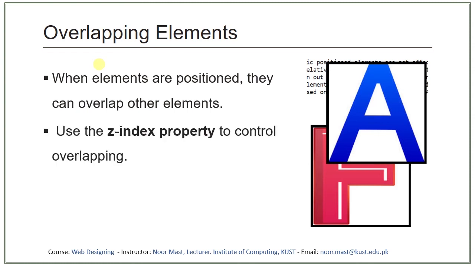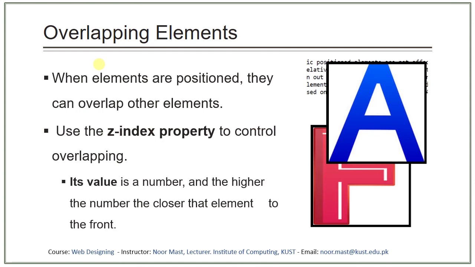If you want to control which element sits on top, you can use the z-index property. Its value is a number, and the higher the number, the closer that element is to the front. For example, an element with a z-index of 10 will appear over the top of one with a z-index of 5.